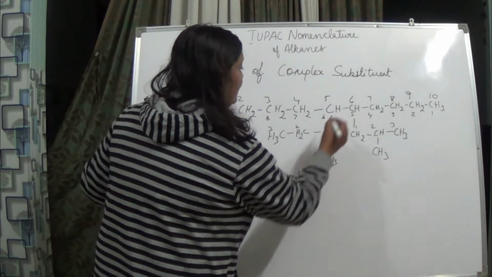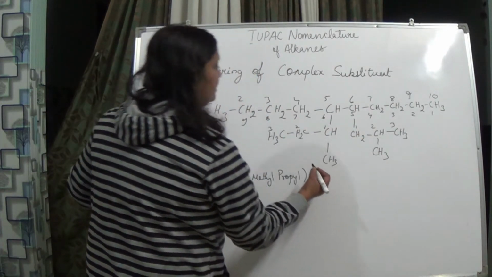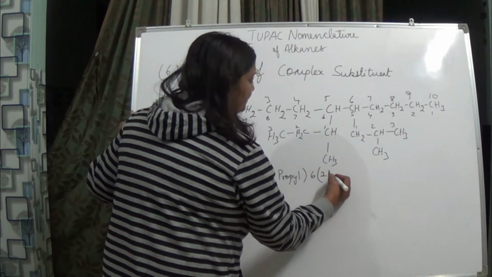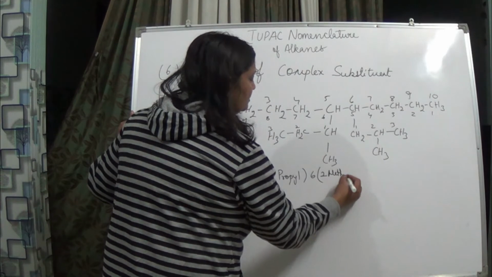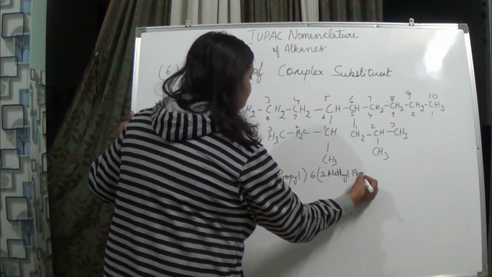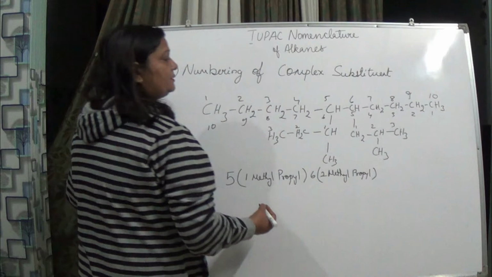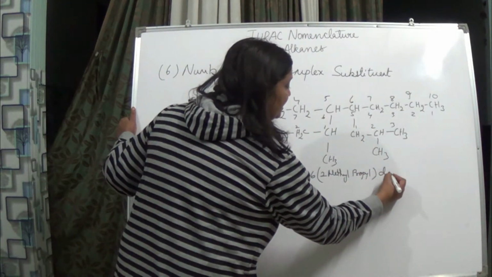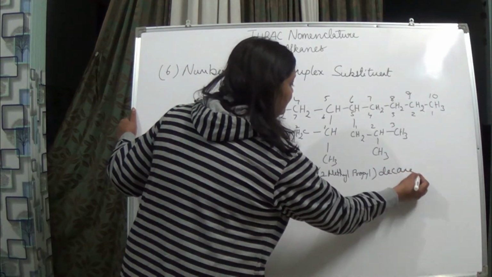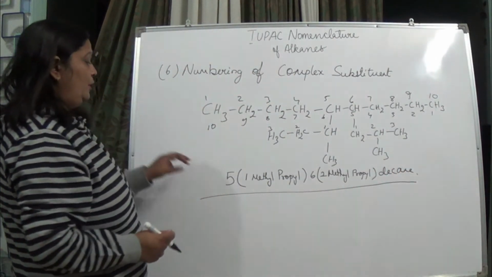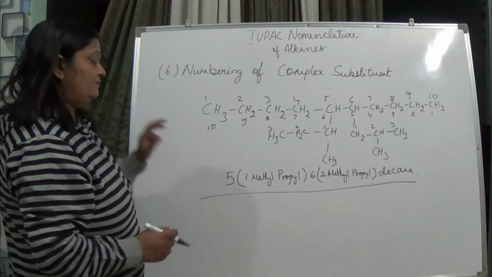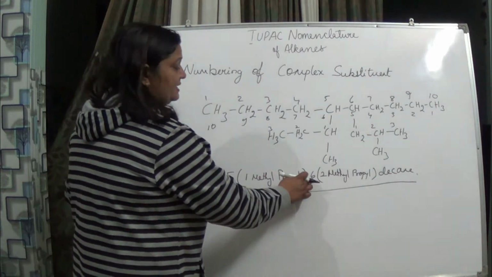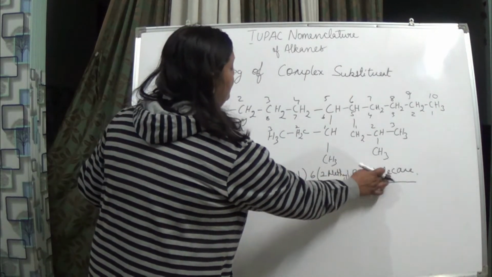And then sixth position, again you are seeing the branching and the sub-branching. 6, 2-methyl propyl, close. And what is this? 10, so it is dec a alkane, decane. So the name becomes 5 in the parenthesis, in the bracket, 1-methylpropyl, 6, 2-methylpropyl decane.